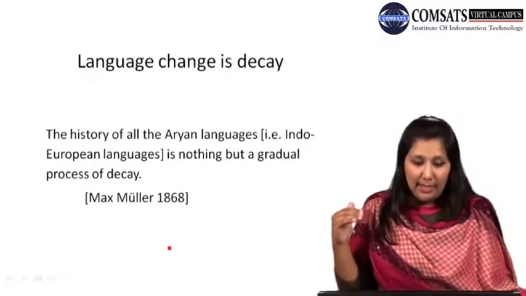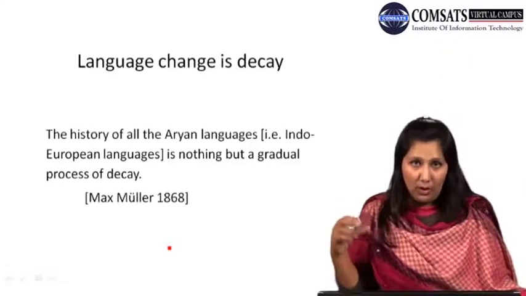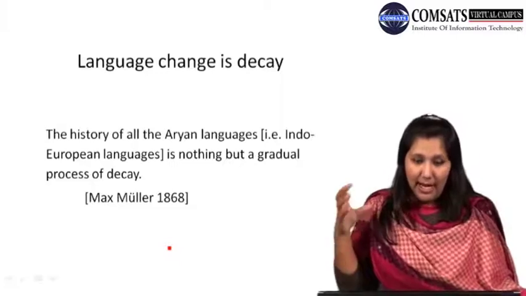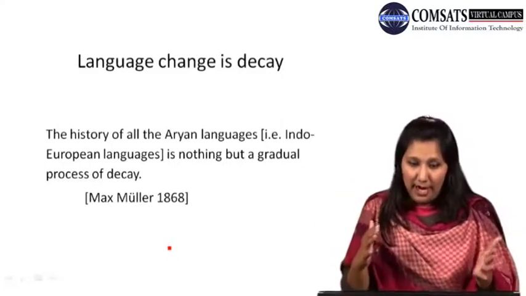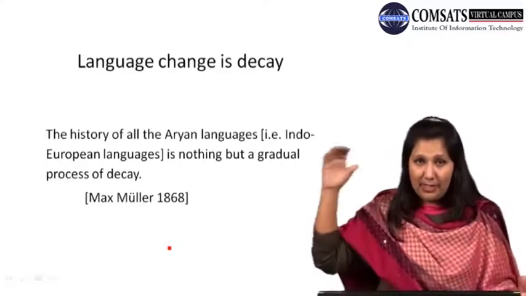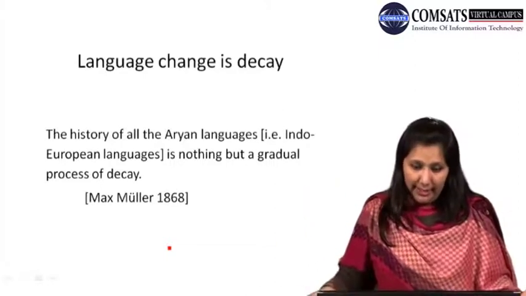Why have they vanished? Because there is a gradual process of decay going on in the language. A change is continuously taking place, and the new languages are coming on, making their own place in the language tree, and the previous languages are moving away and dying.